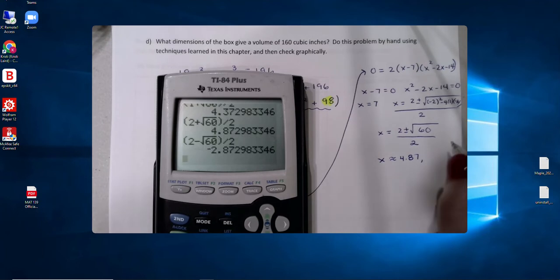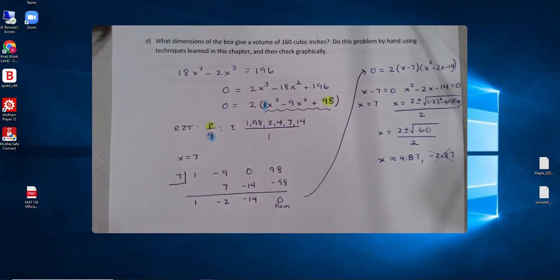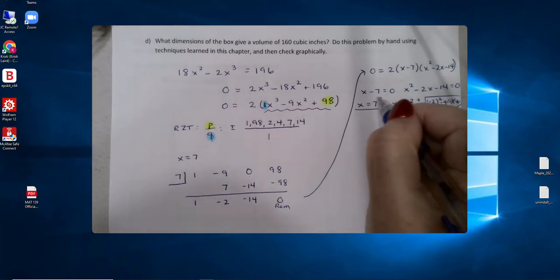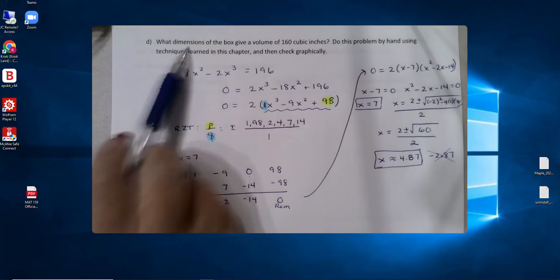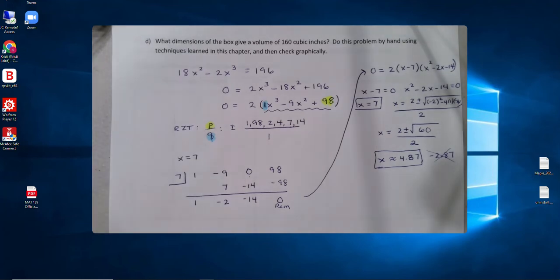And that one's negative 2.87, which I don't especially care about, right? I can't have a negative length. So this one's not part of the effective domain. It's not part of the domain of the realistic function. So I get 2 possible answers here that actually may work for my box. We'll talk about the full dimensions in just a minute, but let's just double check this graphically first.